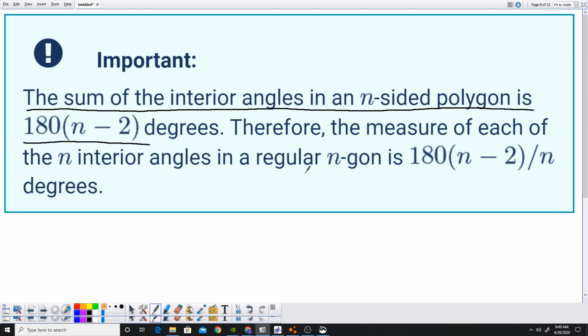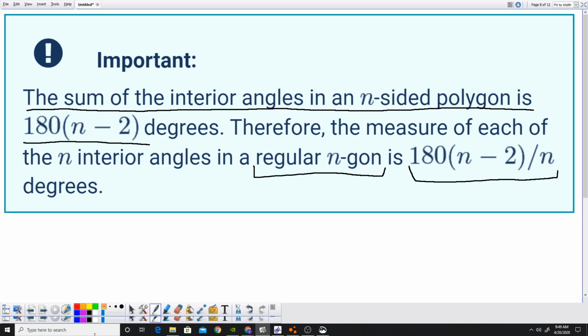And with a little bit of logic, we can understand that in a regular n-gon, where all the interior angles are the same, each interior angle has a measure of 180 times n minus 2 degrees divided by n for the number of vertices.